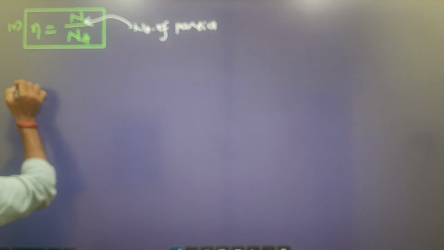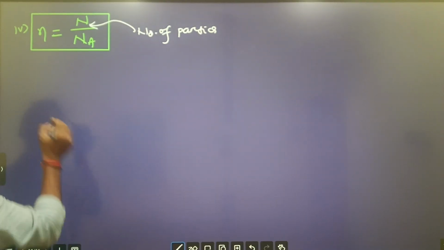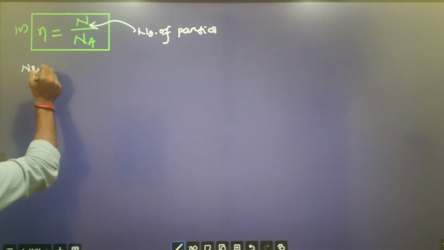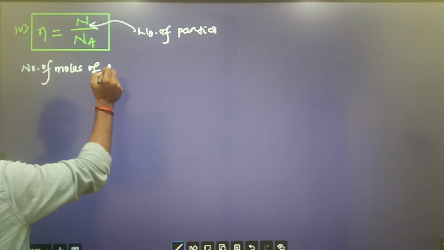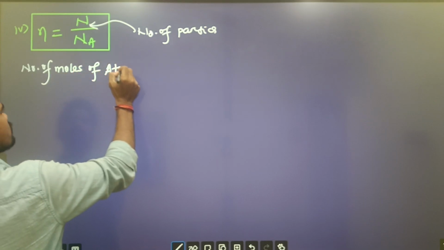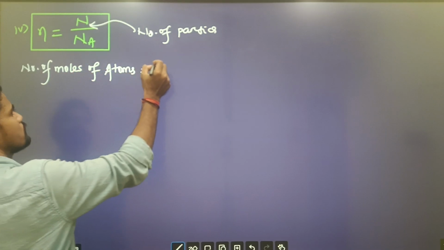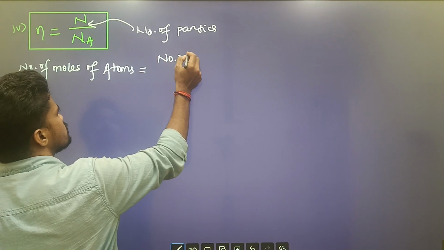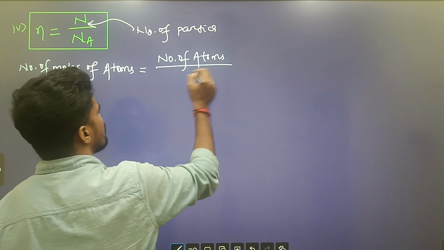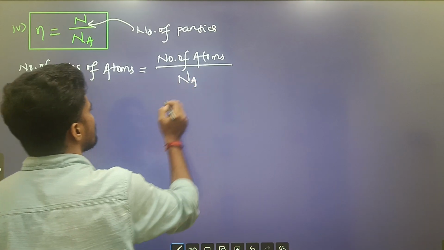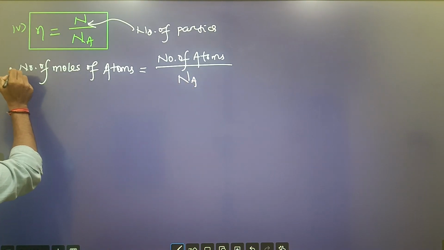For atoms, suppose I am writing number of moles of atoms equals number of atoms upon Avogadro's number. Okay, yes or no?